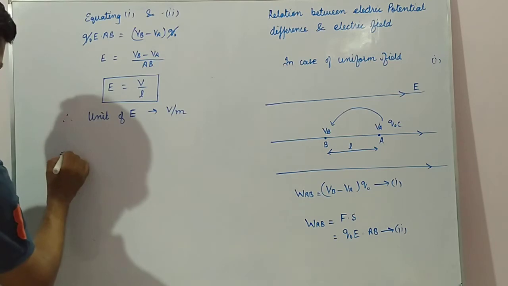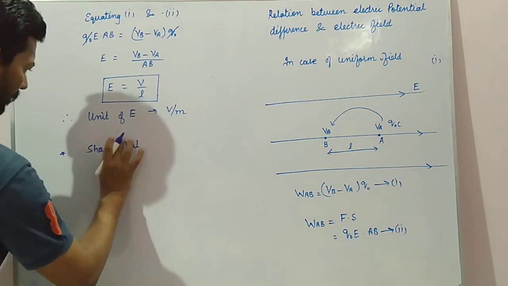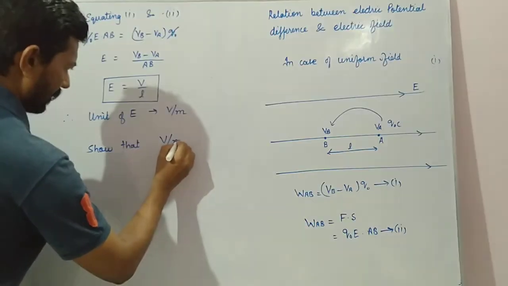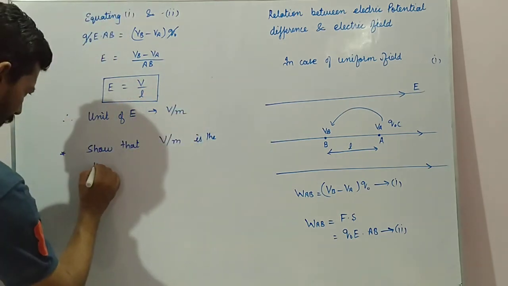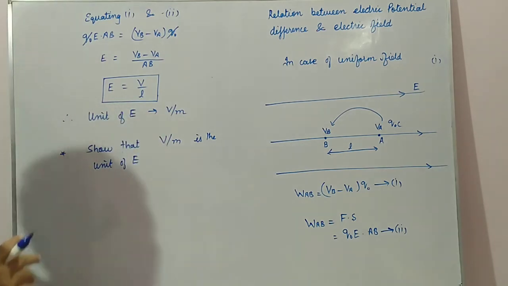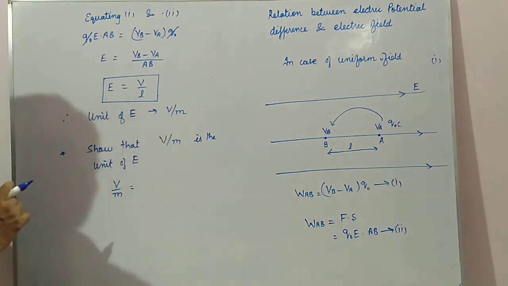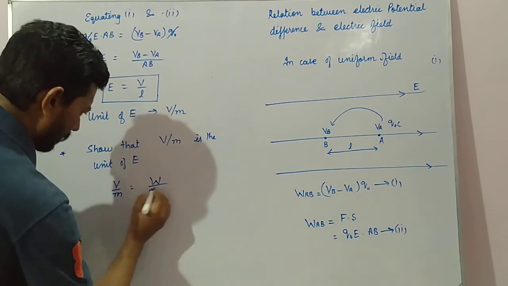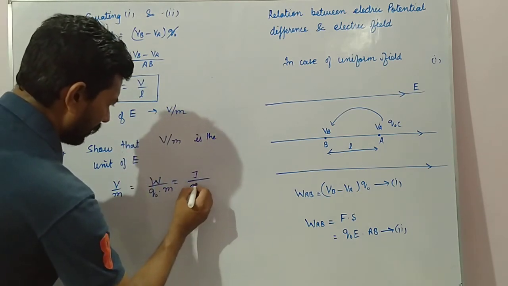Now sometimes they may ask, so that volt per meter is the unit of E. Now we know that unit of electric field is what? Newton per coulomb. So volt per meter, volt, that is what? V equal to W by Q naught. W by Q naught. Meter, that is what? As usual, meter. W, that is joule per coulomb.